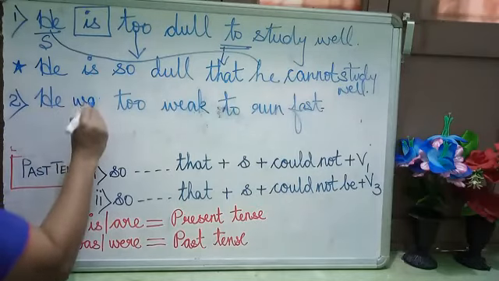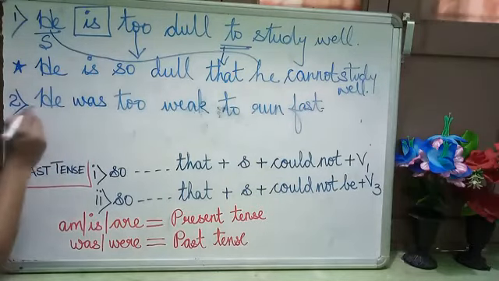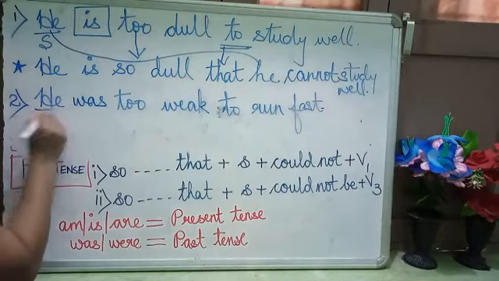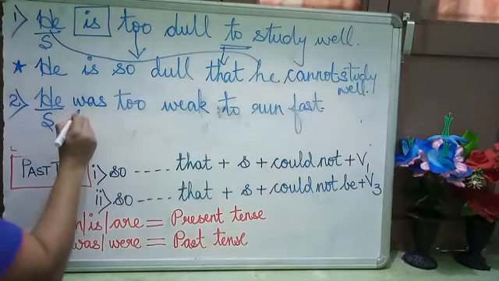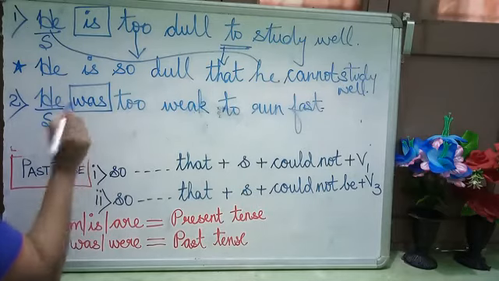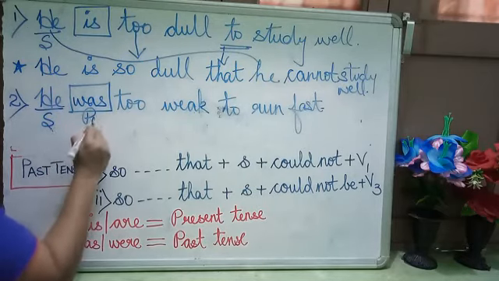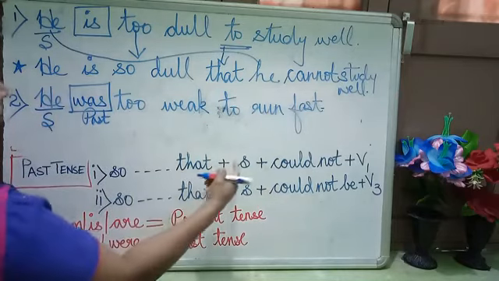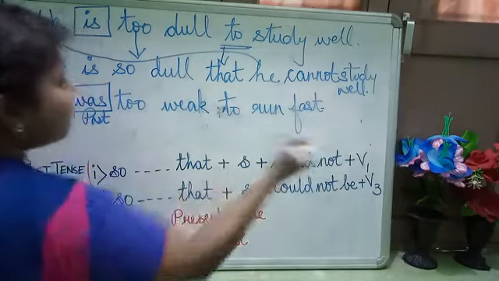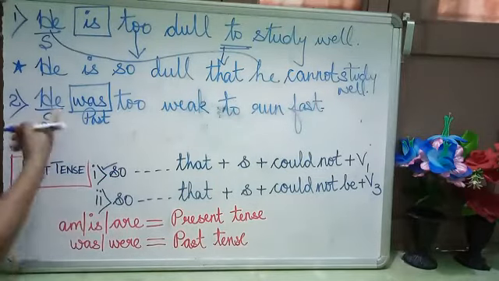I'll change it into past tense. Now see, the subject is a person, so you will write the subject. Now "was". The verb is in past tense. So for past tense you will use this rule: that plus subject plus could not plus verb 1.